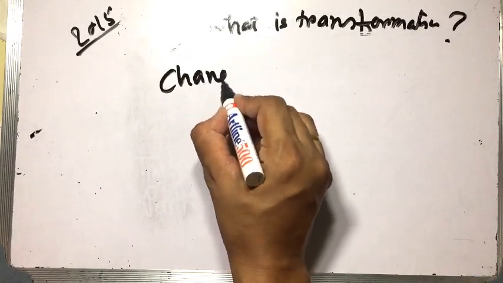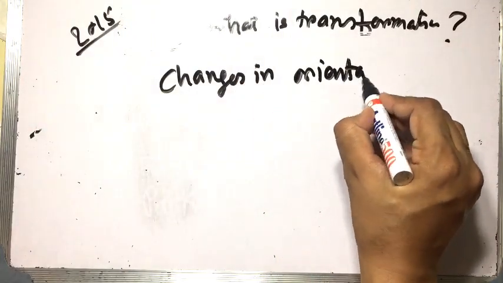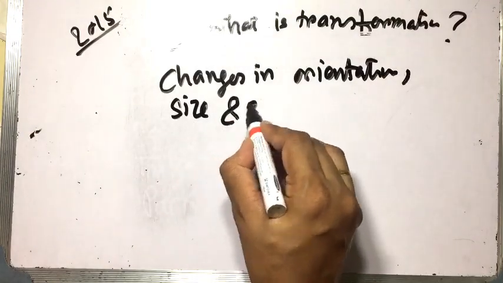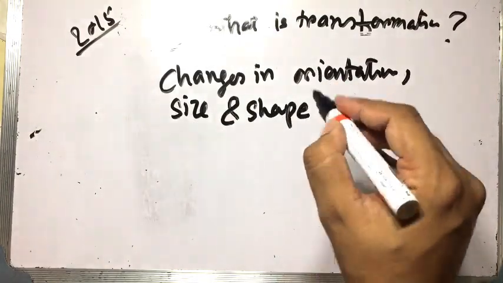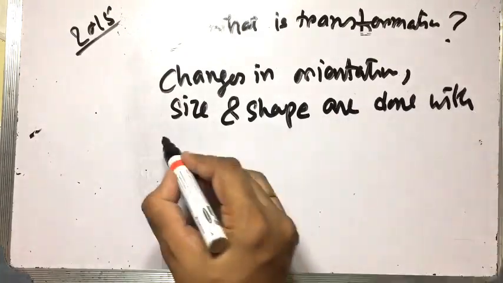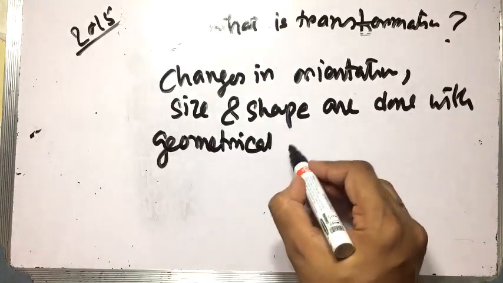Changes in orientation, size and shape are done with geometrical transformation.